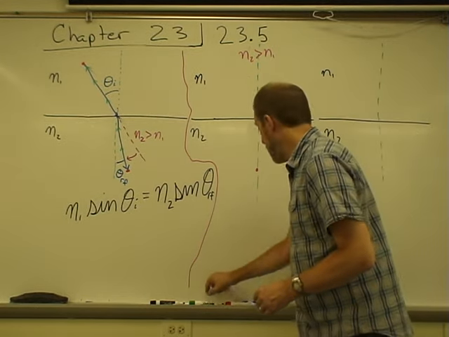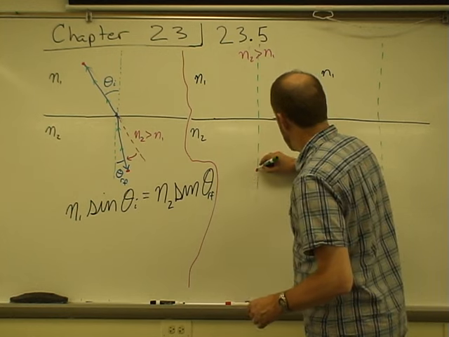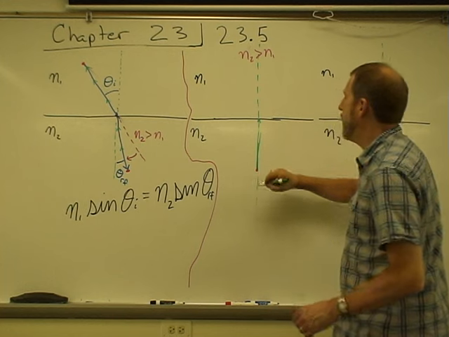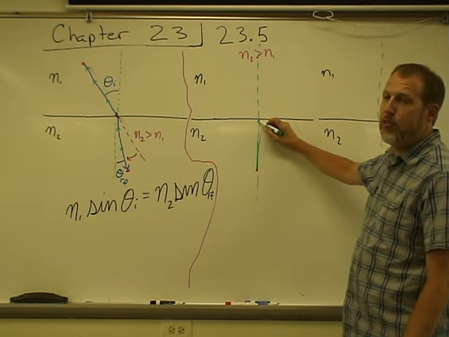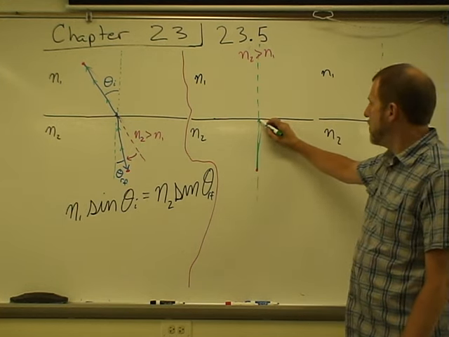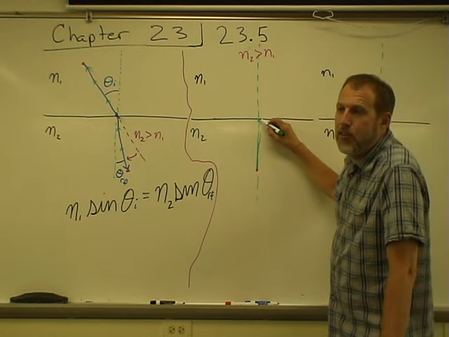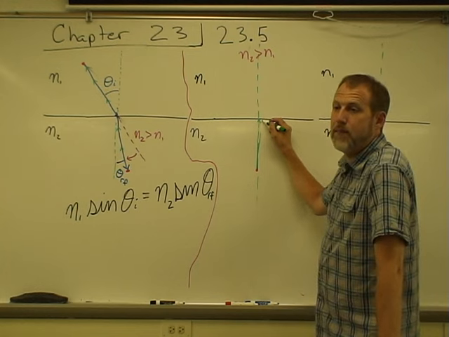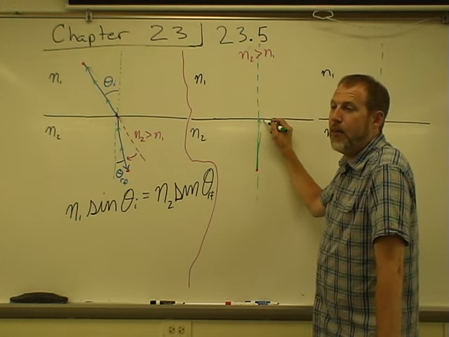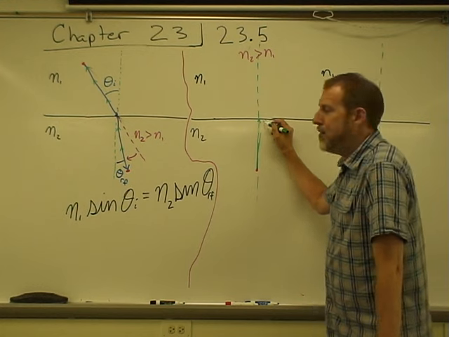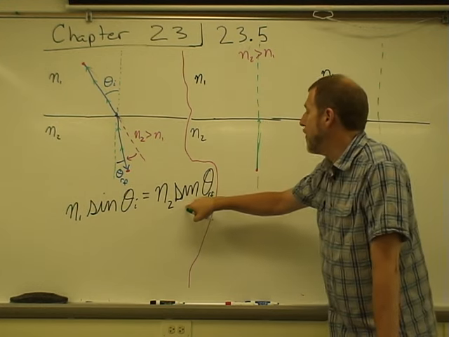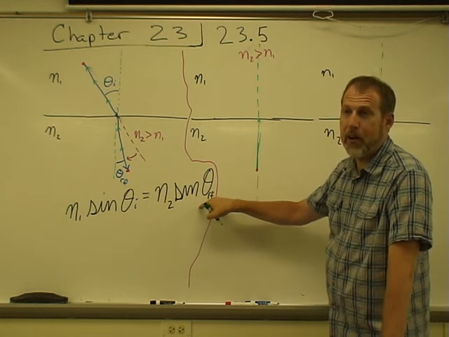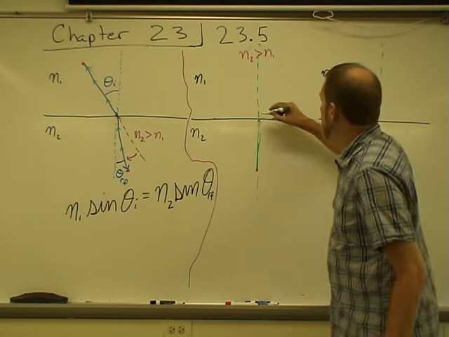Now, if I have a ray of light that goes straight to the intersection, the shortest possible path to the break between the two mediums, here the angle of incidence is 0. The sine of 0 is 0. So that means that n2 times the sine of refraction is 0, which means that the sine of refraction has to be 0, which means that theta has to be 0.